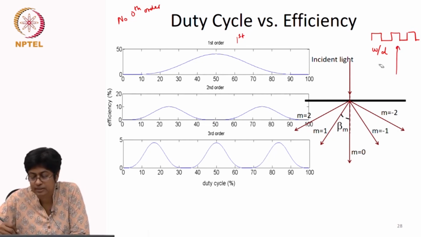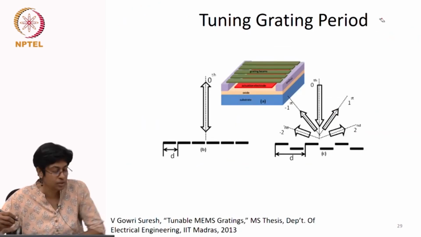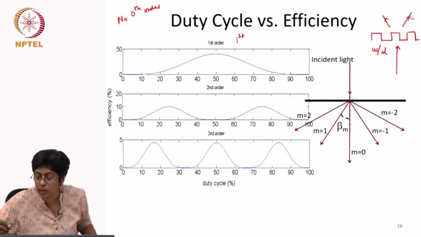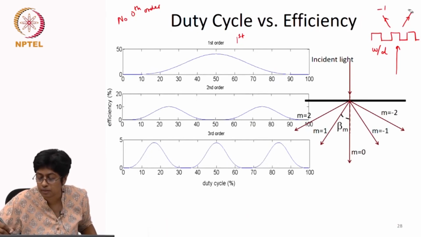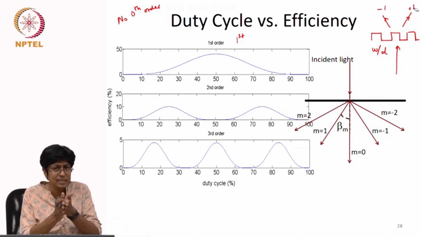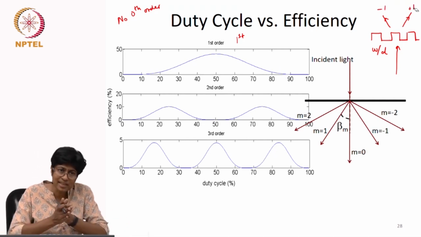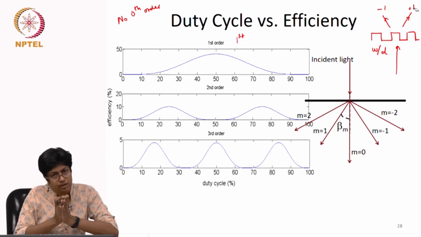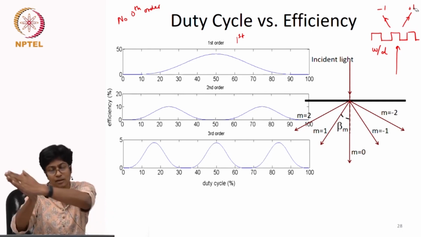So if there's light incident here, some amount of light goes into the first order and an equal amount goes into the -1 and +1 orders, because this is a completely symmetrical structure. Whatever is satisfied for constructive interference in this side is satisfied for this equal and opposite angle on this side.